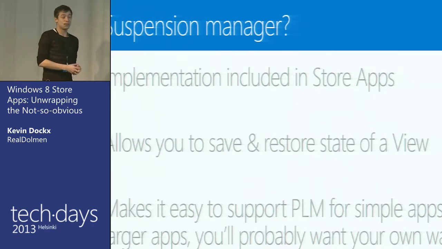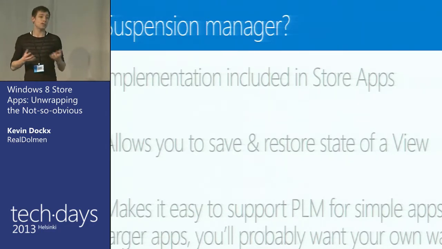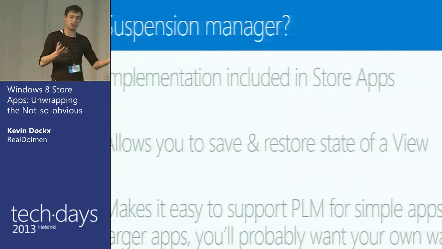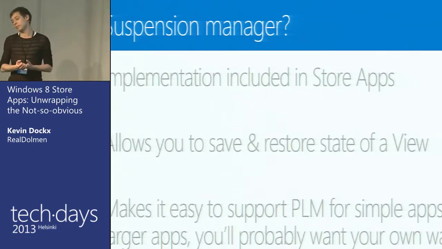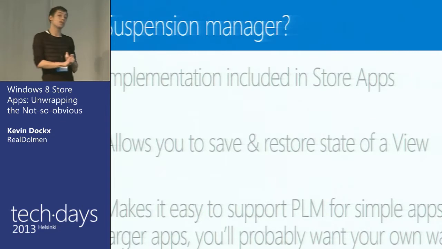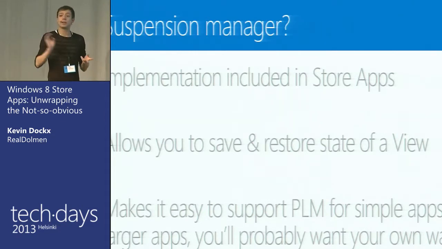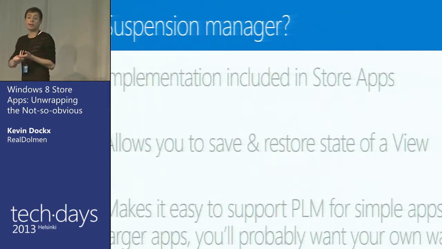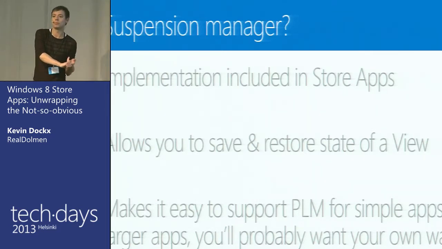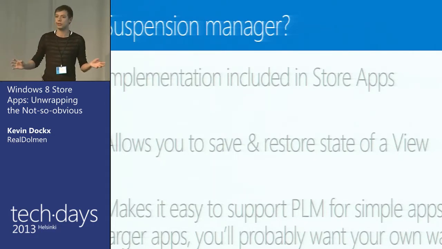So that means you need some kind of way to save state. So to save what's on screen when your app gets terminated. That's one of the responsibilities of the suspension manager. And the other one is you'll probably want to save where you are in the application. So if your app gets suspended, no problem. The user goes back, your app is running again, you're just back where you left off.